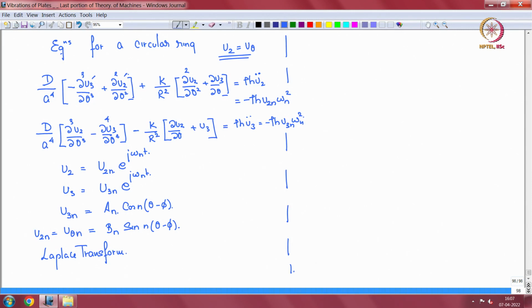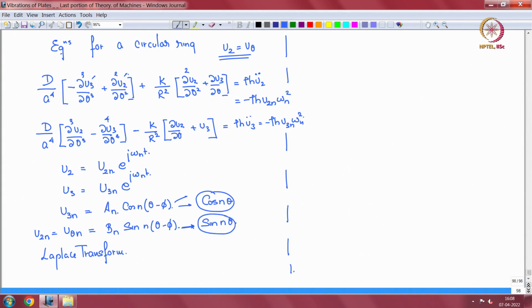You can find that as u3 goes through the maximum motion, u2 goes through the minimum displacement. Okay, you can figure that out. So u3 is cos n theta type term, and u theta is at that moment sine n theta term. Okay, when u3n is cos n theta term, u theta n is sine n theta term.